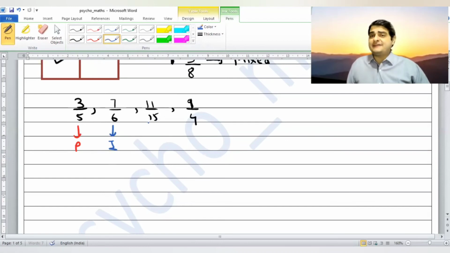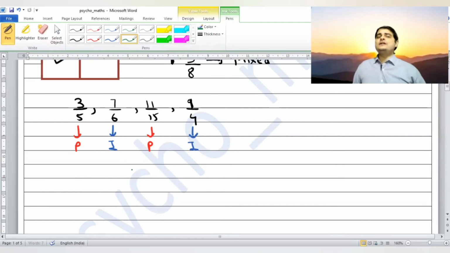Next, you have 15 pieces and you have to share 11 of them. Yes, it is still proper. But next, you have only 4 pieces and you have to share 9. This is again improper. Students, check it. Now, how will this be possible?